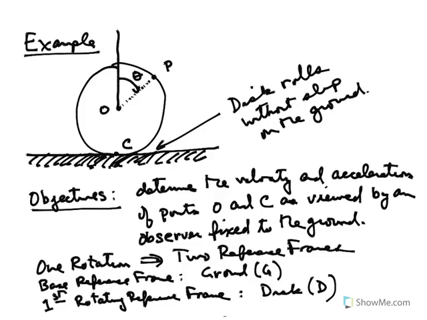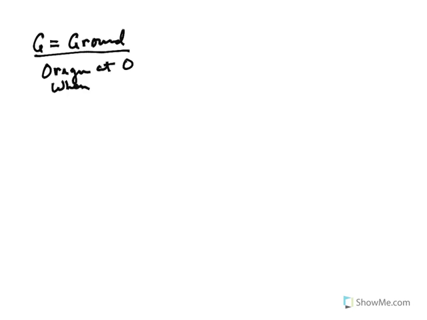Now, here's what we're going to do. We have to set up coordinates fixed to each one of these frames. So G is going to equal the ground. And we're going to fix a coordinate system as follows. We're going to put the origin at O when t equals 0. So wherever O is when t equals 0, that's the origin.